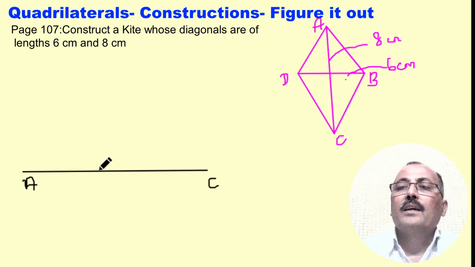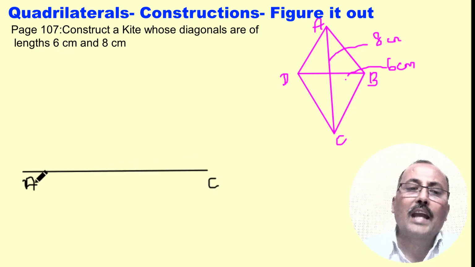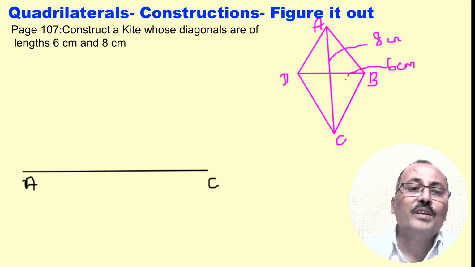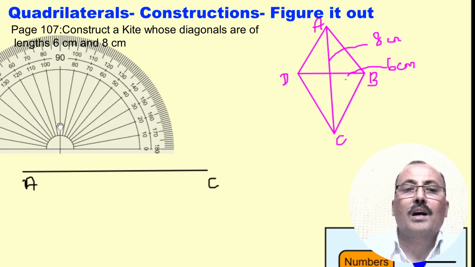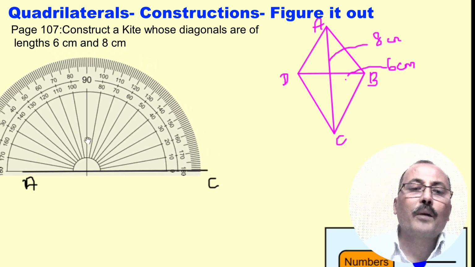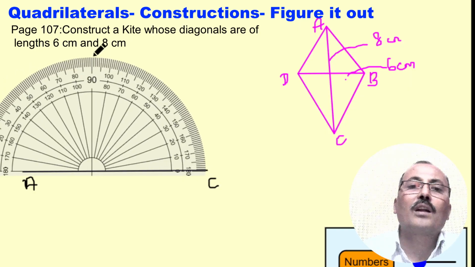Then I have to draw DB. For that I want the line to be perpendicular. So take the ruler or mark a 90-degree line, no problem. It is perpendicular from this point, anywhere. Here I can keep here, here, here. Now I want a perpendicular here.